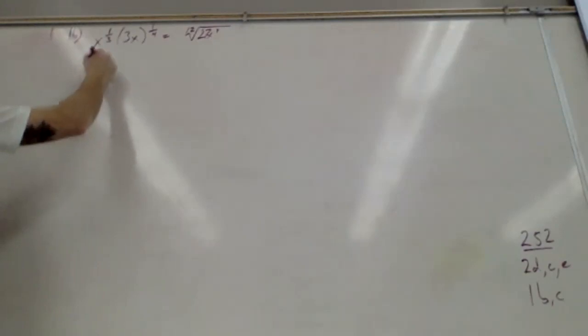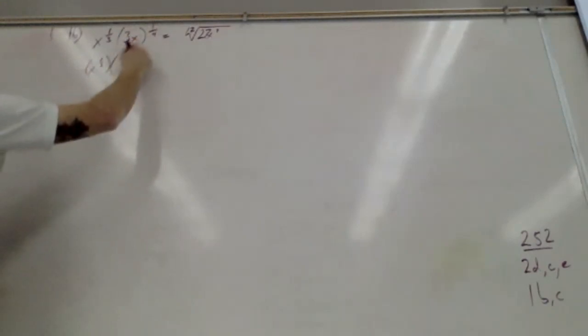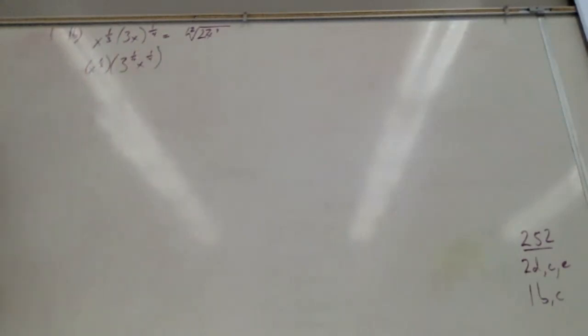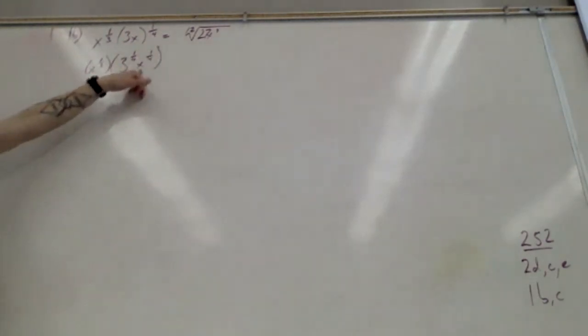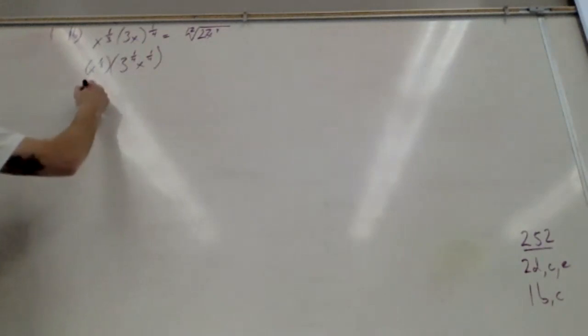So I'm going to first say x to the third times 3 to the fourth and x to the fourth. If I am doing x to the third times x to the fourth, I have to add the exponents: 1/3 plus 1/4. If I'm doing all my steps, the common denominator there would be 12.